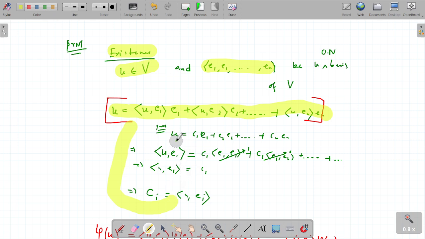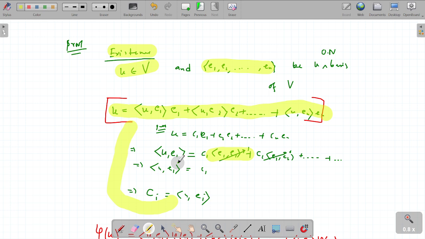Since e1, e2, ..., en are an orthonormal basis, I can write u as c1 e1 plus c2 e2 up to cn en. Now I'll take the inner product of u comma ei, where ei is from this set of orthonormal basis vectors.